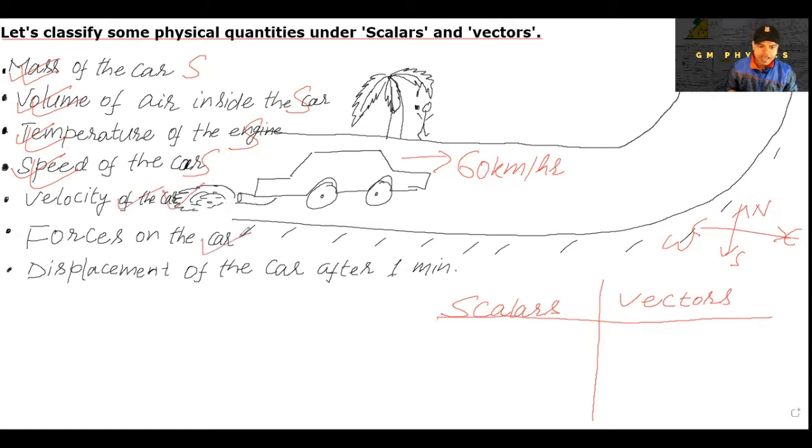Forces on the car. Again, we'll study about forces in detail in the chapter The Forces or the Newton's Laws of Motion. For right now, you should understand that force is also a vector quantity because it has a specific direction. For example, when you talk about gravitational pull on this car, let's assume it's a 600 kilogram car, then the gravitational pull is only in the vertically downward direction of 6,000 newtons, right?